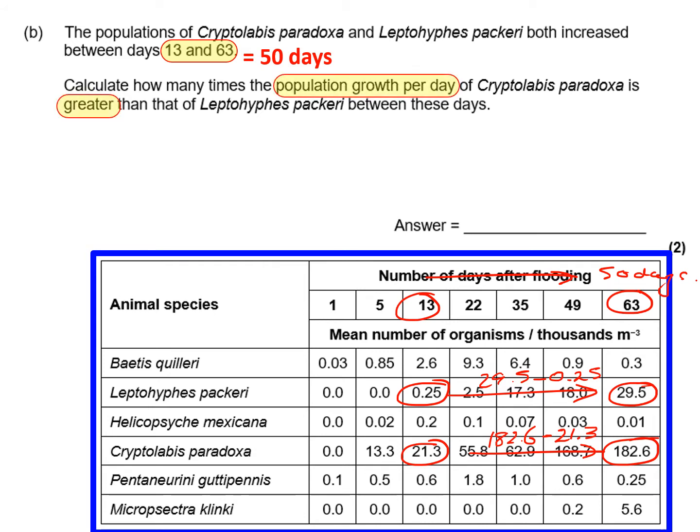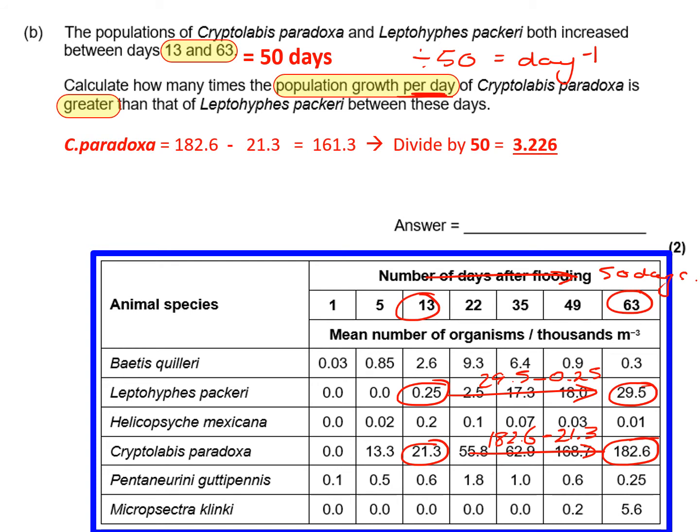Now, it does say growth per day, so we need to take these two values and divide both by 50 to get per day. So C. paradoxa was 161.3 divided by 50 days is 3.226 per day. L. packeri was 29.25, again divided by 50 is 0.585.